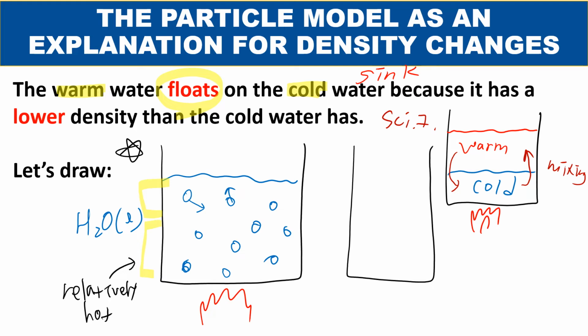Some people say, why is the bottom part relatively hot, Mr. Kim? Well, we have a direct source of heat. So the bottom part is relatively higher temperature. On the top part, can you see that it's more in contact with the outside environment like air? That means this part is relatively cool.